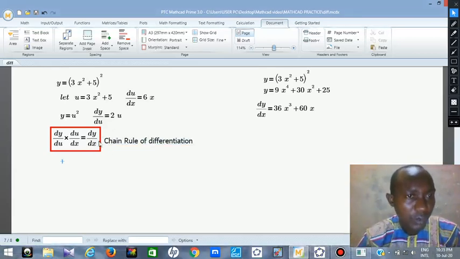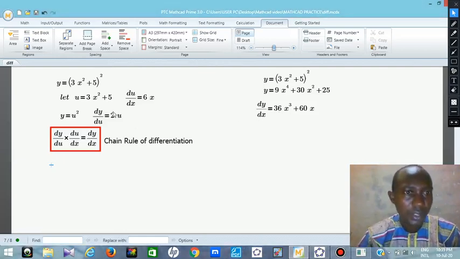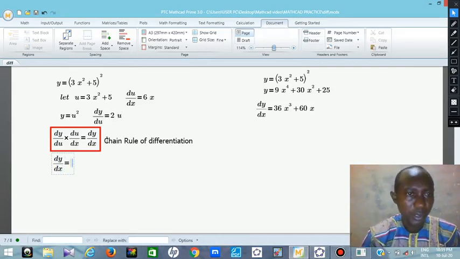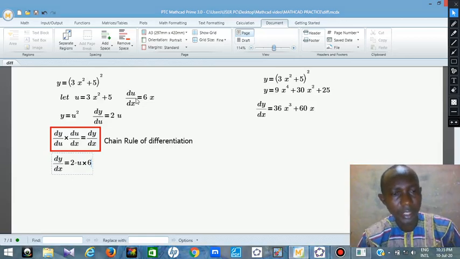So if you are using this, what are we going to do now? Final answer. To end this solution, you see we are going to get the same answer we got when we expand this bracket. So our final answer is dy dx equals dy du, which is 2u, multiplied by du dx, which is 6x.